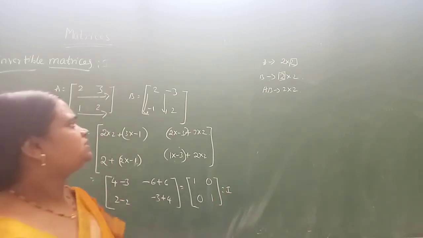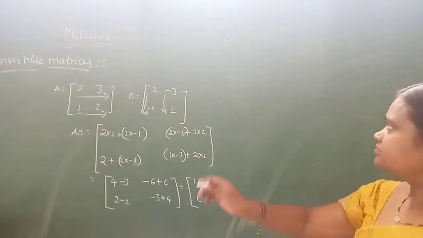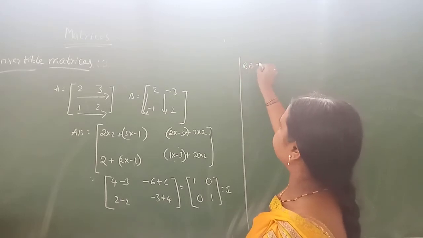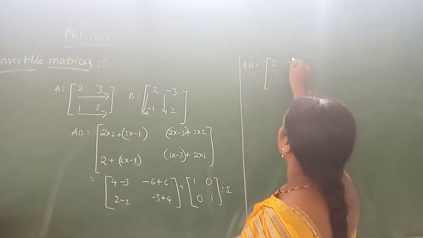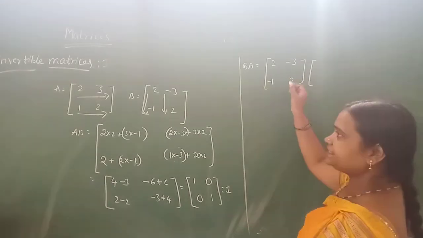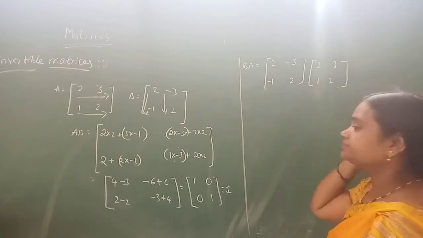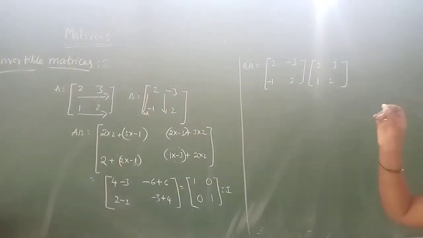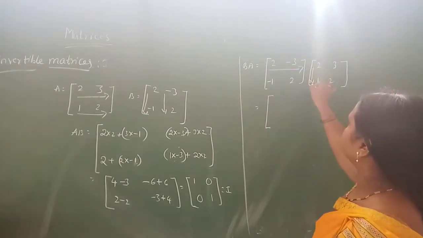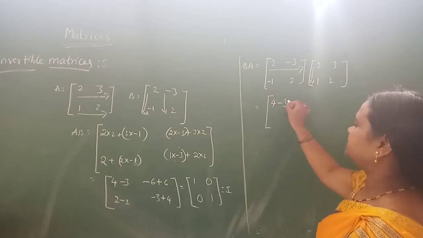Next, we can do the reverse also: BA. B into A, that is [2 -3; -1 2] and A is [2 3; 1 2]. Then multiply. First row with first column: 2 into 2 minus 3 into 1.